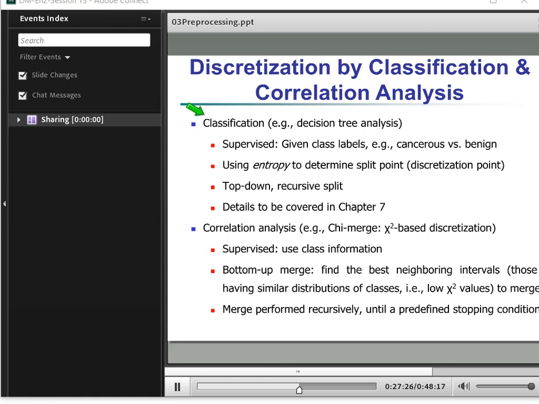There are two other methods for discretization and finding the intervals. One of them is using classification techniques, especially decision trees. A decision tree is a system helping to make a decision. In the future, we will talk about classification and its techniques.